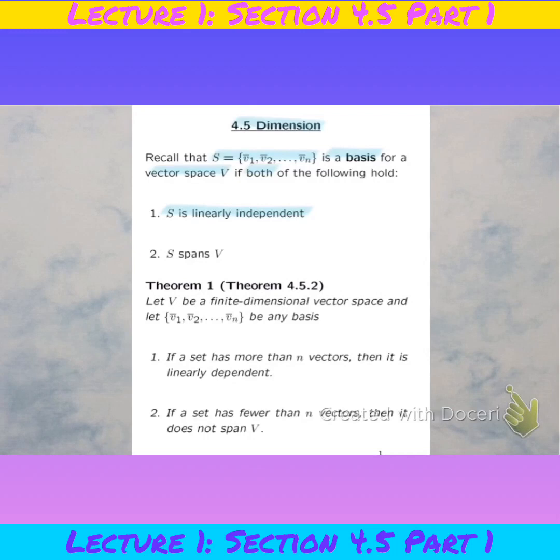Alright, how do we show S is linearly independent? We show that by setting up an equation, and basically the equation looks like this, where specifically k1 up until kn are all real numbers, and we set up that equation, and then we go and solve for the real numbers k1 up until kn.